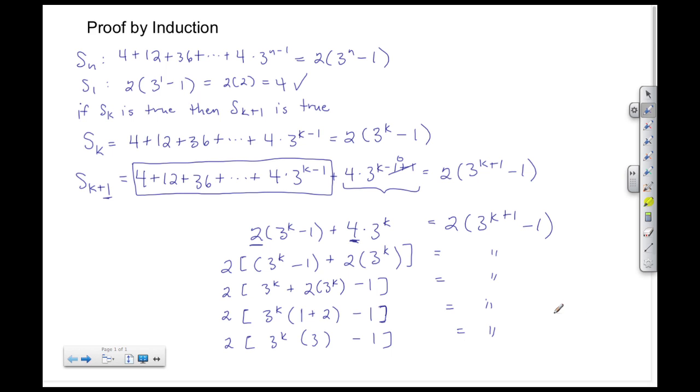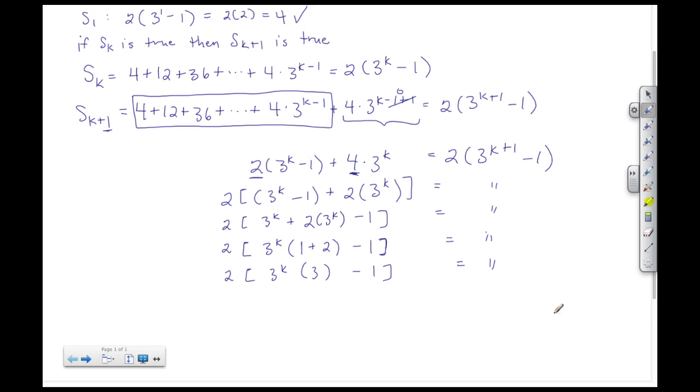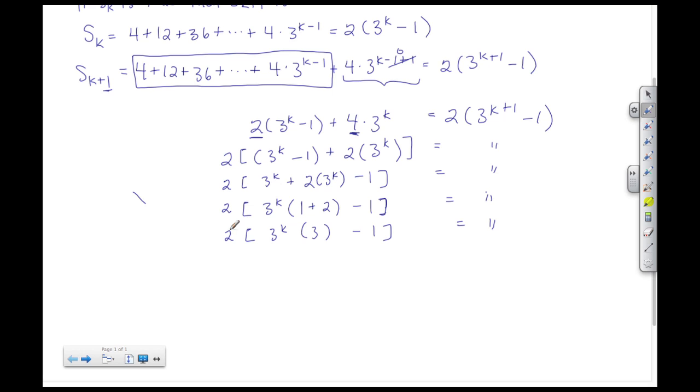At this point, I notice that I have like bases here, and whenever I'm multiplying factors with like bases, I add the exponents. The 3 is understood to have an exponent of 1. So here I have 3 to the k plus 1 minus 1.